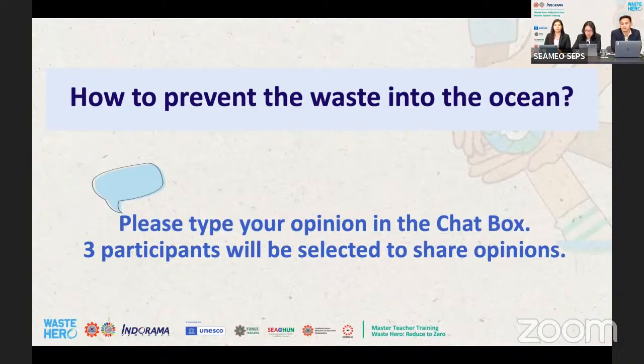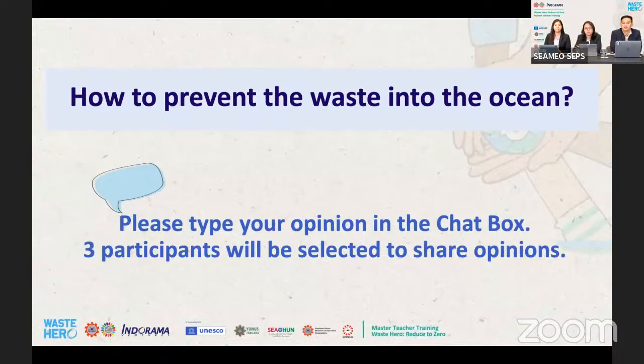But of course, there's another problem. If at school we already classify the waste, the one that can be recycled and the other that can't, when it goes to the big trash can, it all gets mixed together again.